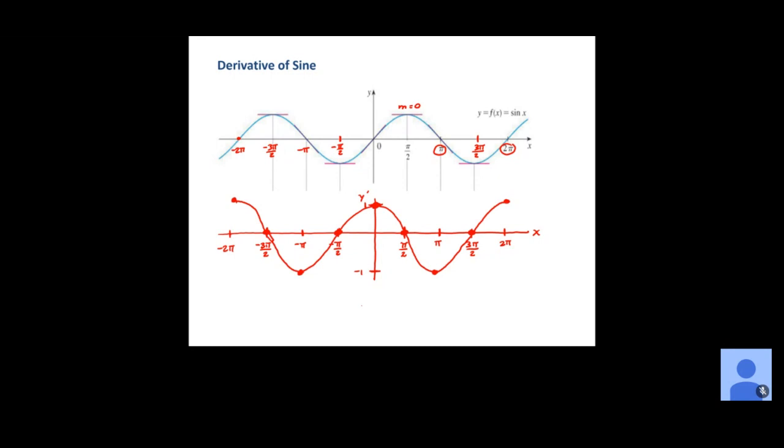Okay, but this graph right here now, y prime, is just the cosine of x. So that means the derivative of sine is cosine. Any questions there?